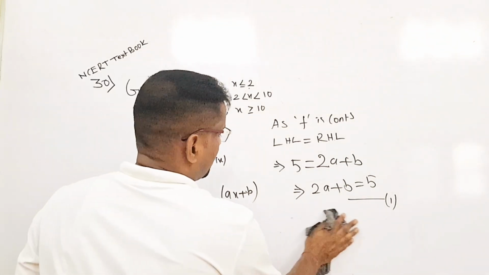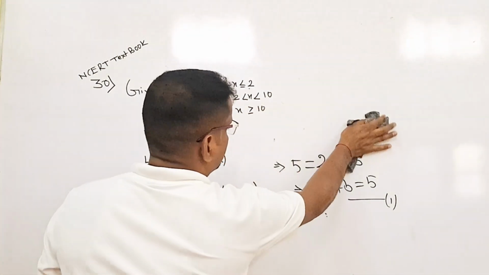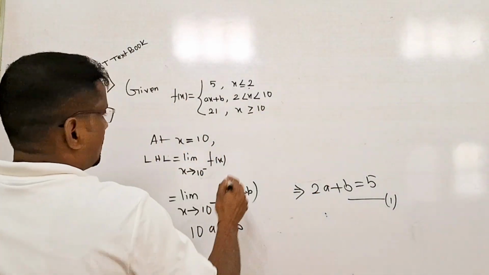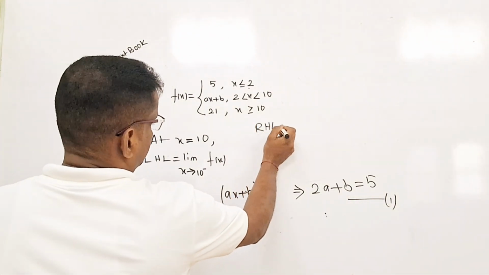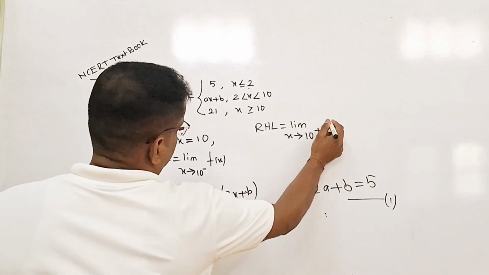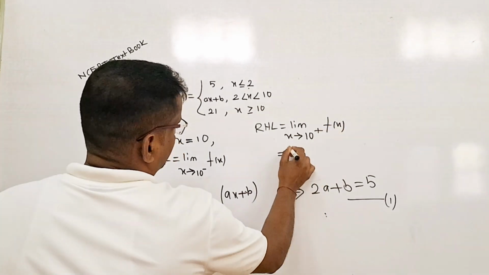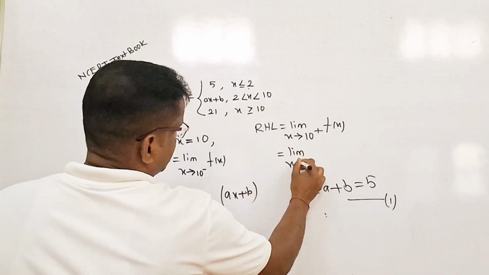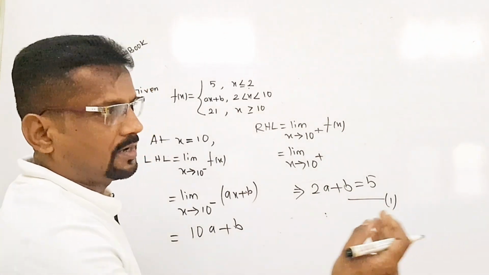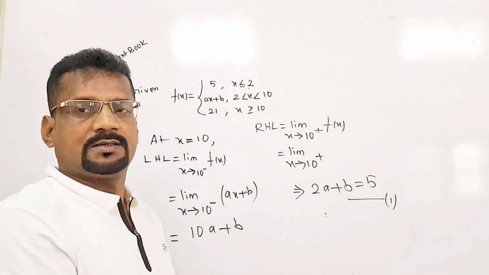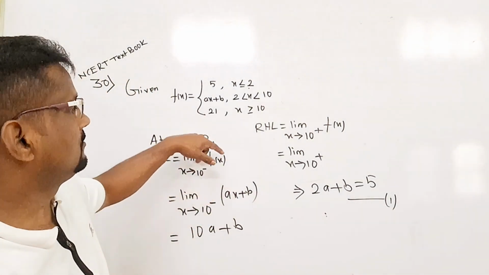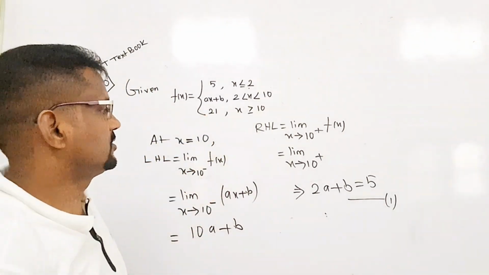Next, find the right hand limit at the point 10. So RHL is limit x tends to 10 positive, f of x. x approaches 10 from the right side, so x is greater than 10, and the function itself says that when x is greater than 10 the value is 21.